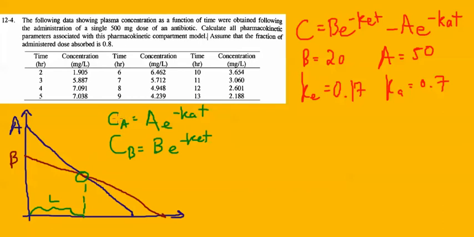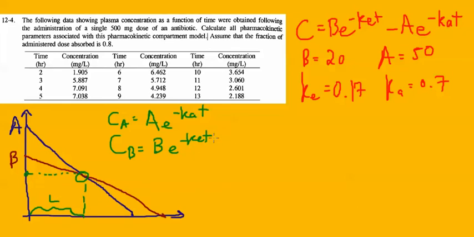All we need to do is just set CA and CB equal to each other, because at this concentration it's the same for the A line or the B line, and that similar concentration only happens when L time has elapsed.